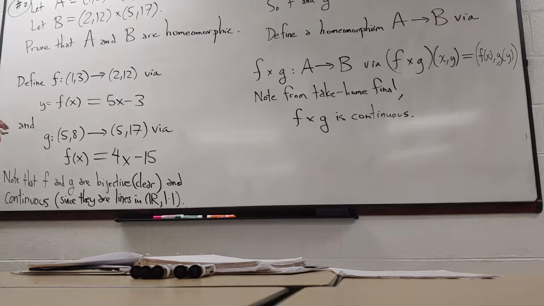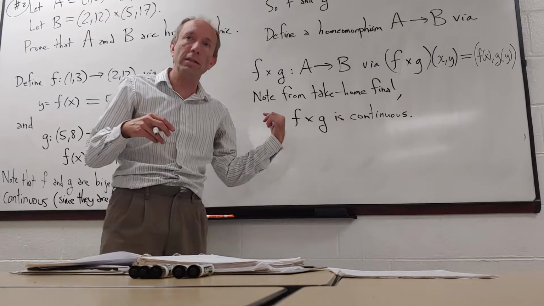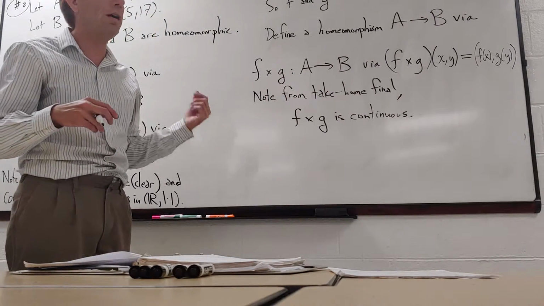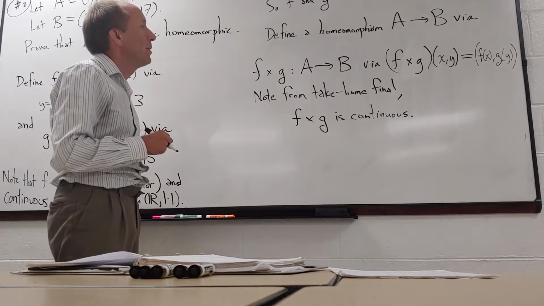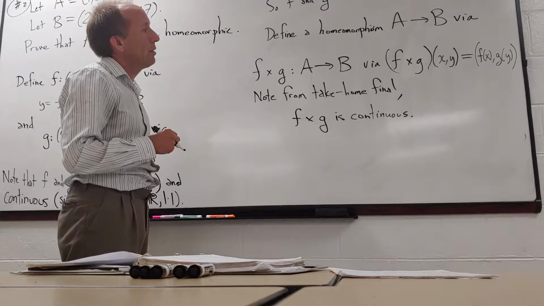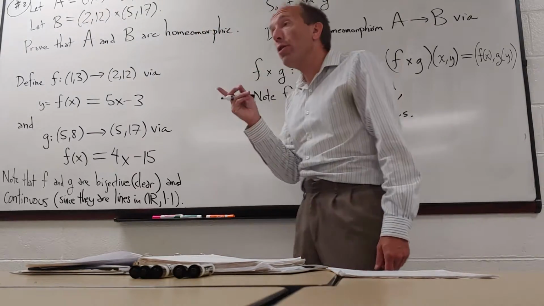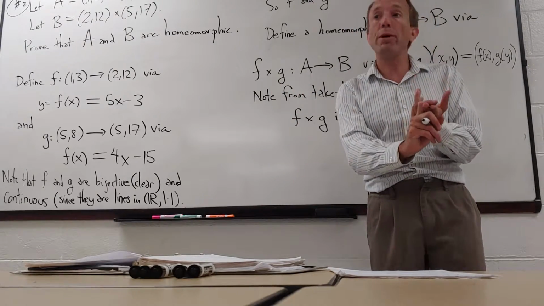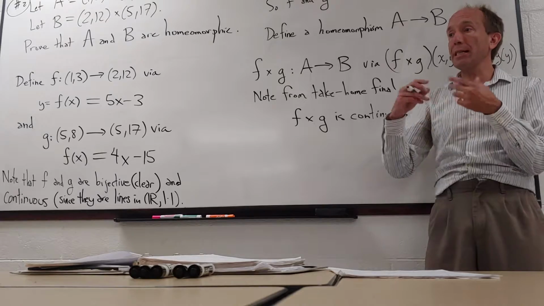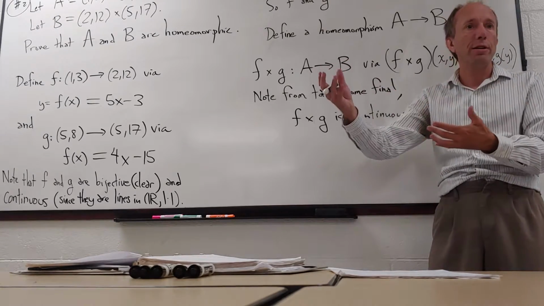Okay, so technically we also have to show that this is a bijection and that the inverse function is continuous as well. So there's a little bit of work that goes into this. Actually, the other thing you can do, instead of showing that it's one-to-one and onto, another way of showing that something's a bijection is literally to just construct the inverse function, right?